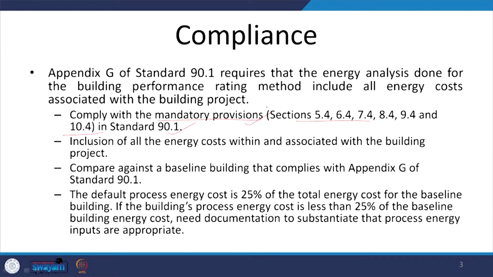Secondly, all the energy costs within and associated with the building project would be included, and then we compare against a baseline building that complies with Appendix G of standard 90.1. Here the default process energy cost is 25% of the total energy cost for the baseline building, and in case the process energy cost is less than 25% of the baseline energy cost, then we need to substantiate that claim with necessary documentation.